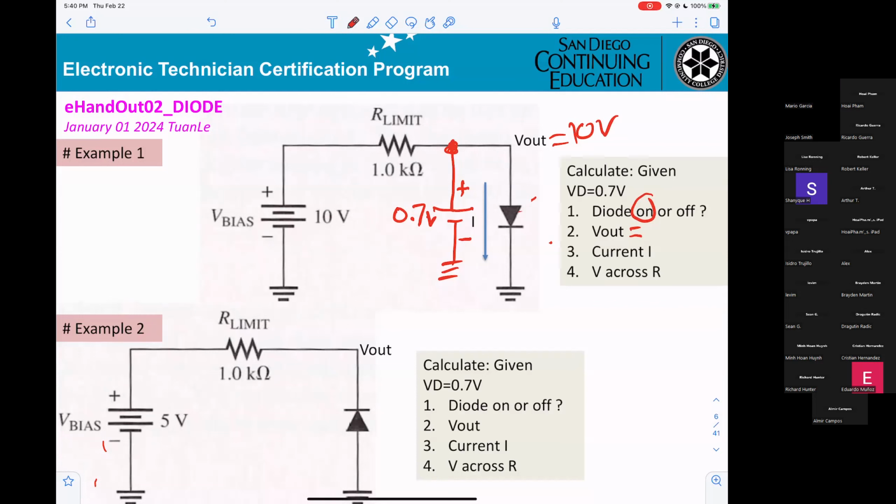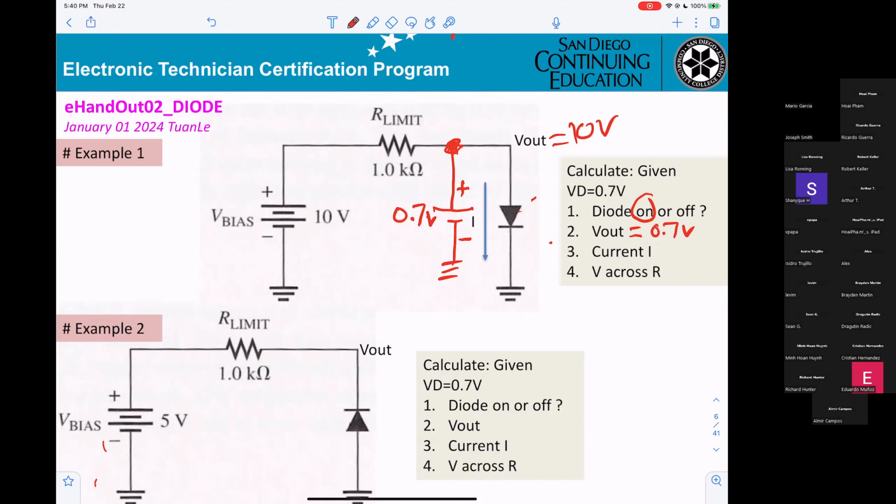And this is a 0.7 volt, just a battery. So V out, measured from right here to the root, is measured across the battery, 0.7. So that's why you get 0.7 volt.